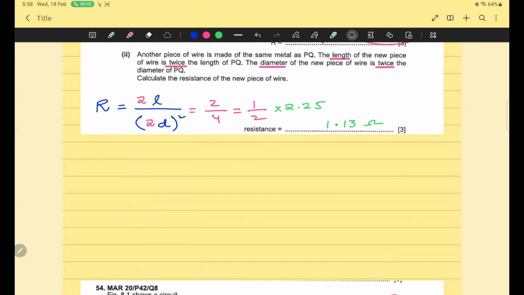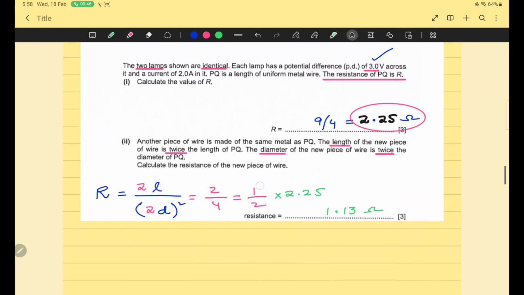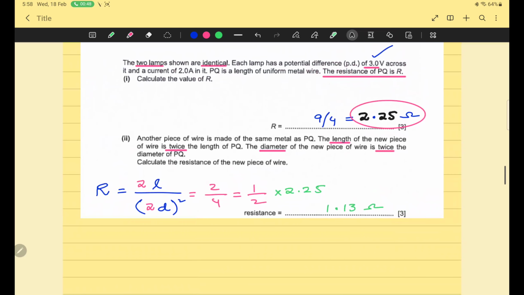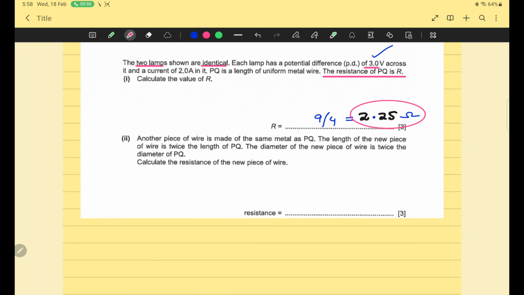I am re-explaining this question. The question is that we have another piece of wire, and its length is twice and the diameter is twice.